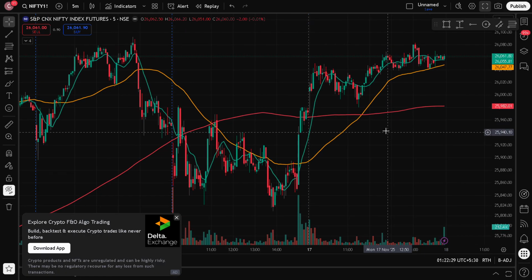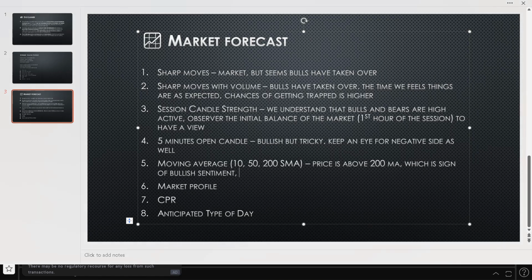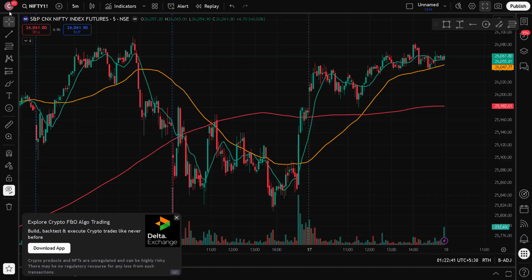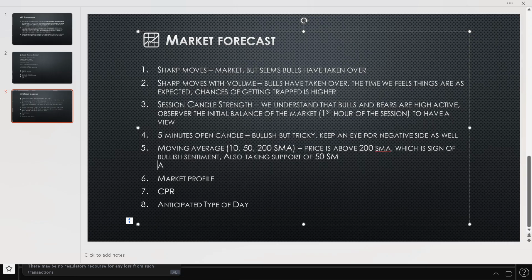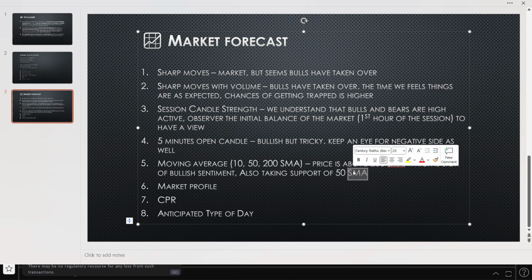And it is also taking support of the 50 MA. Is it EMA or MA? It is all SMAs. I have not kept it as EMAs, so no problem. SMAs, EMAs, there will be a small variation, but it's okay for our reference.